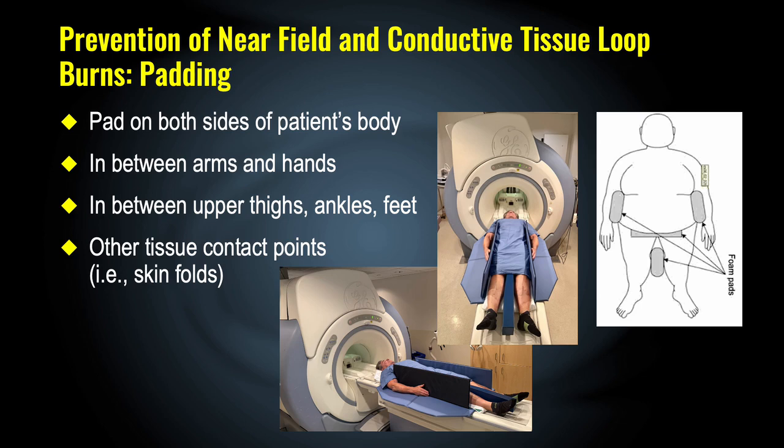Next, place padding between the patient's arms and hands to avoid tissue contact points. Finally, padding should be placed in between the patient's upper thighs, and if needed, additional padding may be placed between the patient's ankles or feet. Be mindful of other tissue contact points, such as skin folds in obese patients, and add pads to those places as well.